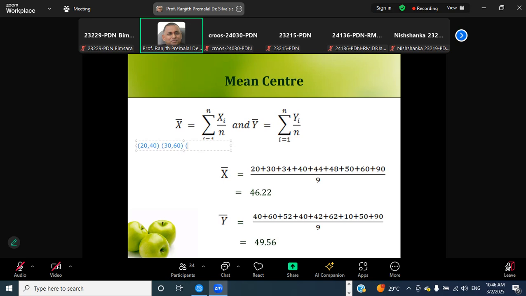The third coordinate is 34, 52. The next coordinate is 40, 40. The next one is 44, 42. And the next one is 48, 62.